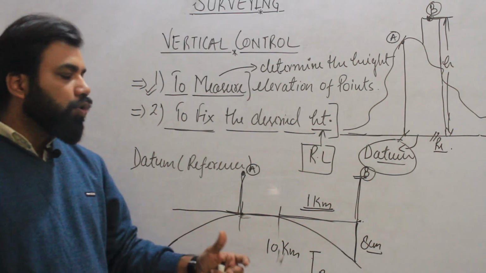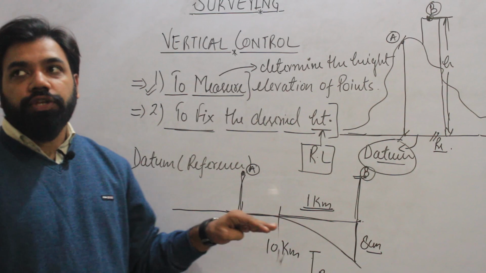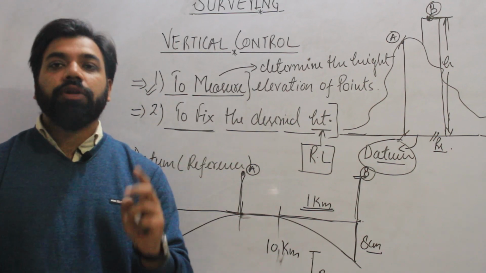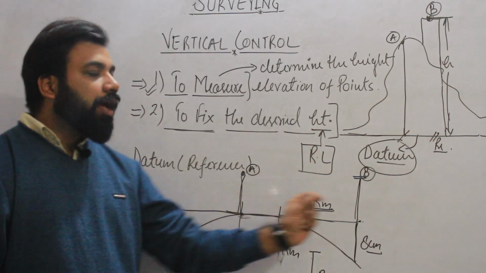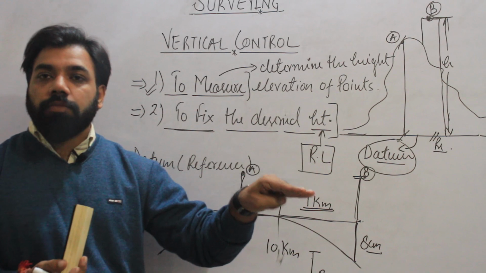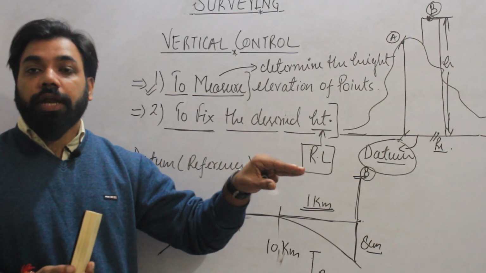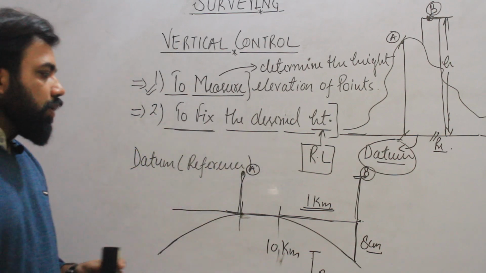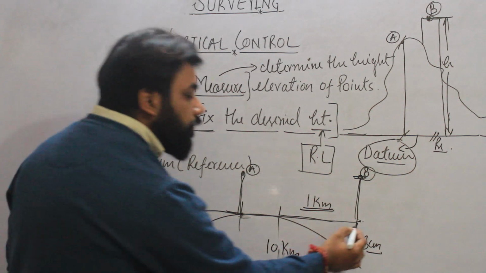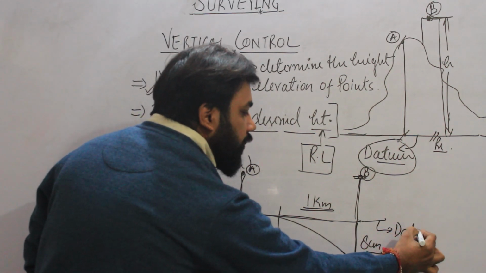Okay, this is the ratio of deviation of tangents due to the curvature of earth. So we cannot take a straight line for the larger area of survey as a datum or reference through which we can measure the height of a particular point. So suppose we are taking the point B, and for this point B, we are taking this line as datum.